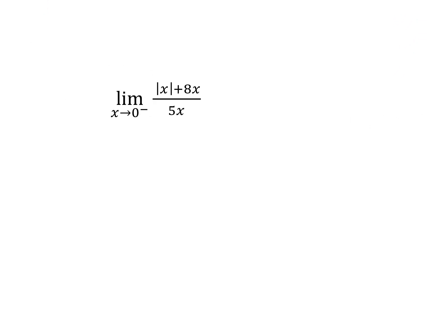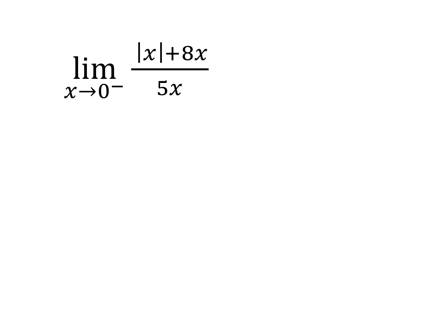Ooh, you guys, this one's really pretty. Is this an asymptote? Does this go towards infinity? No, because I end up with 0 over 0. So here's what we're going to do.